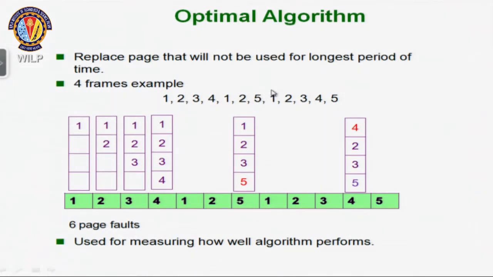That's the reason this optimal page algorithm is usually not implemented, and it becomes a benchmark, a standard against which all other proposed algorithms are compared. The performance of other proposed algorithms is always going to be less than or equal to the performance offered by the optimal algorithm.